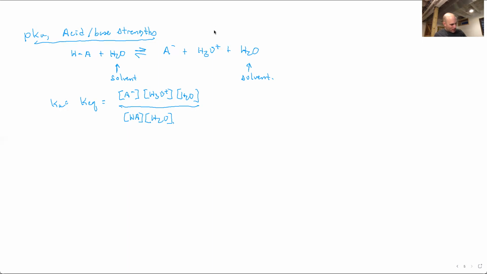And so the water in this reaction is taken as solvent, so we assume that the concentrations of solvent are not going to change. It's in very, very large excess, okay? Okay, and so we just cancel out those terms.